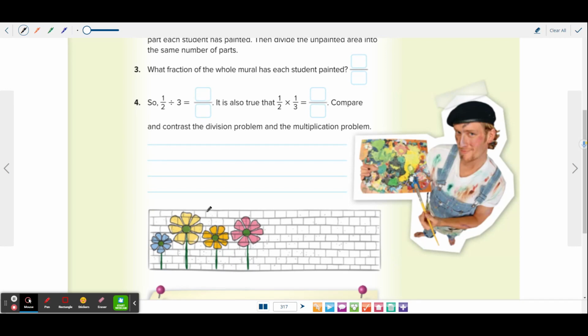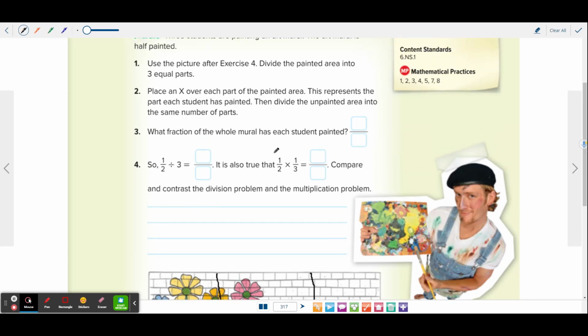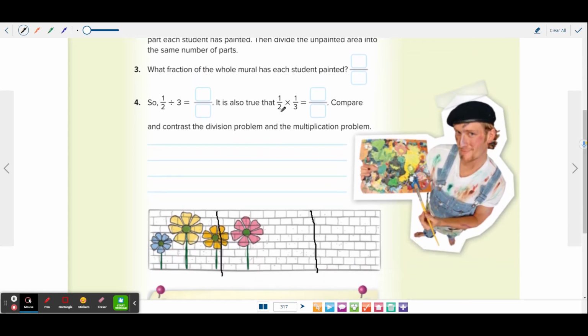I'm not real sure where to draw my lines here to get this in 3 equal parts. Let's see. There's one, kind of, maybe, sort of. Okay. And then it says place an X over each part of the painted area.